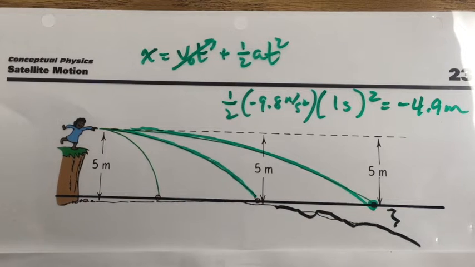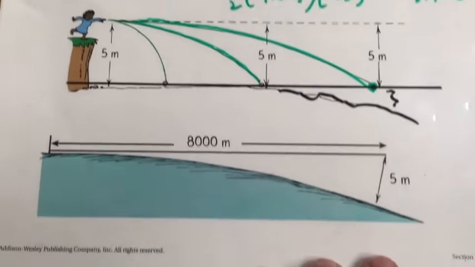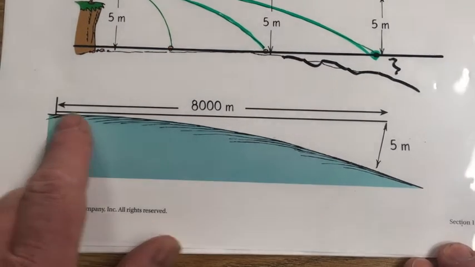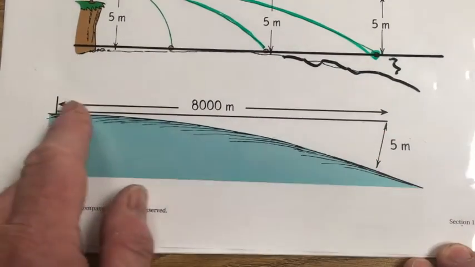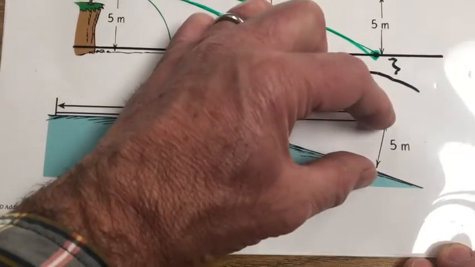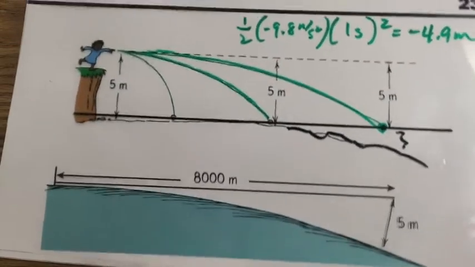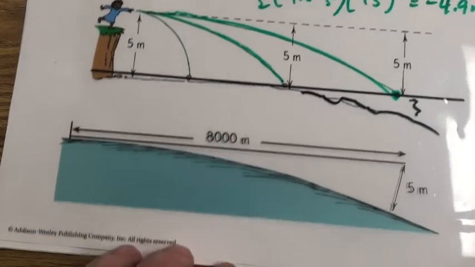And the point is, because of the geometry of our planet, precisely because of its radius, for every 8,000 meters you go horizontally on Earth, the Earth's curvature drops by 5 meters. And we've already talked about how an object falls 5 meters in 1 second.